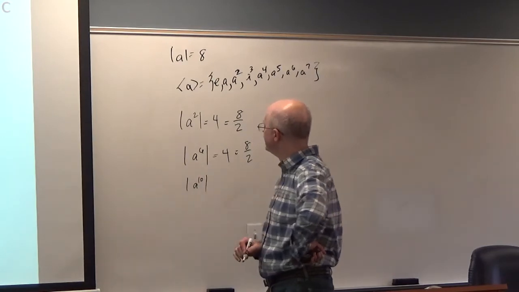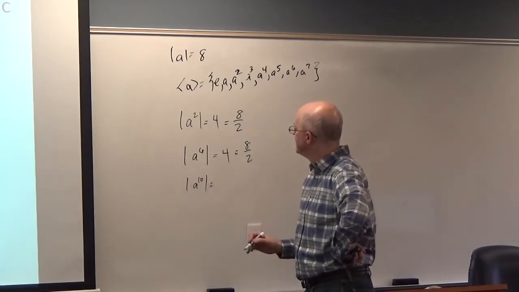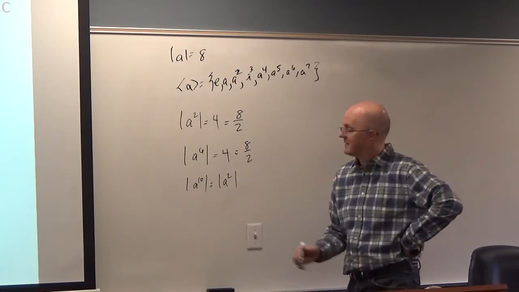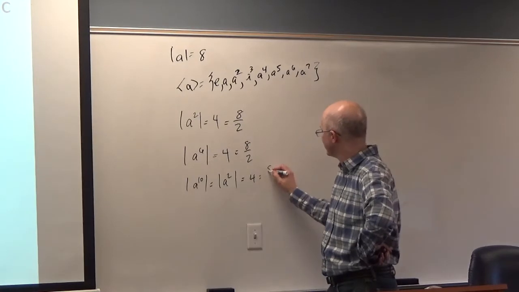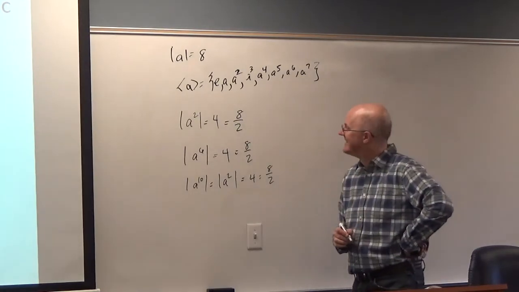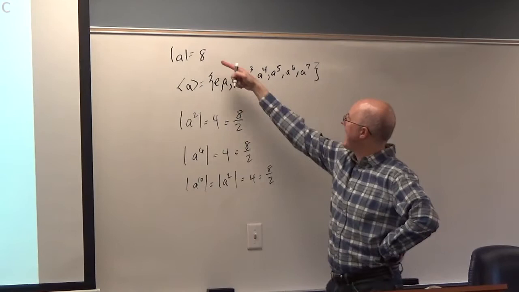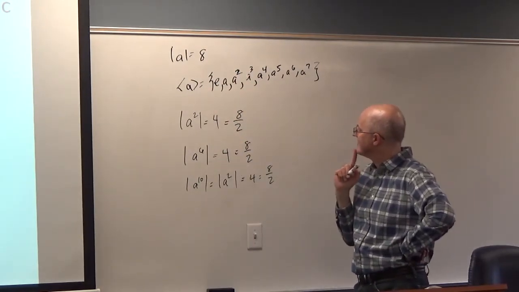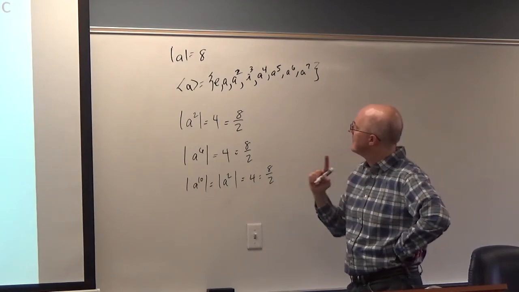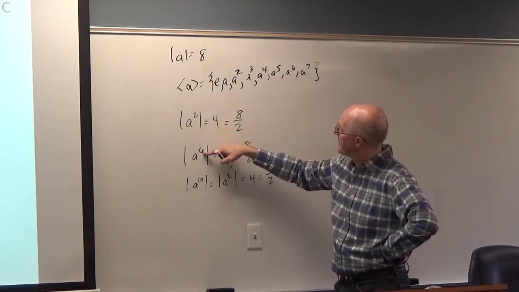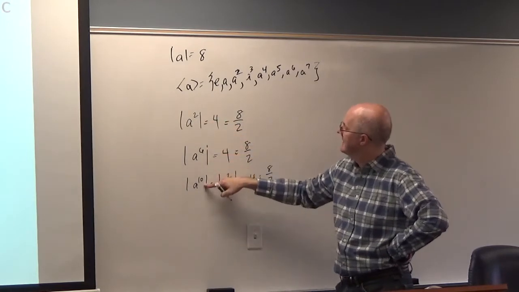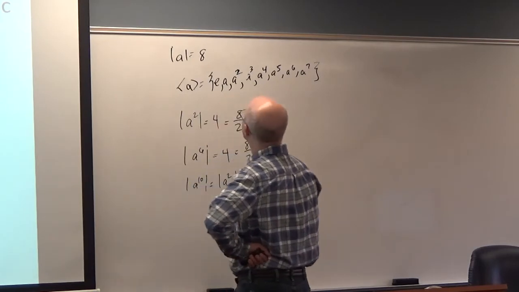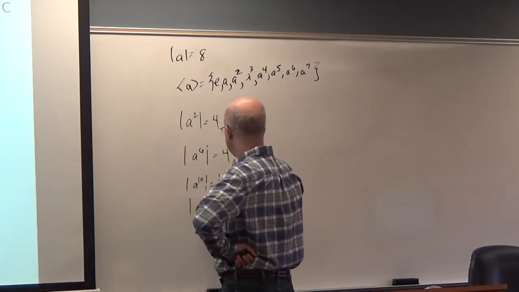The order of A to the 10th is the same as the order of A squared, because A to the 10th equals A squared, is also 4, which is also still 8 divided by 2. So again, you can't take that number and divide by these powers, but is there a relationship that all of these numbers, 2, 6, and 10, and I guess the next one would be 14.